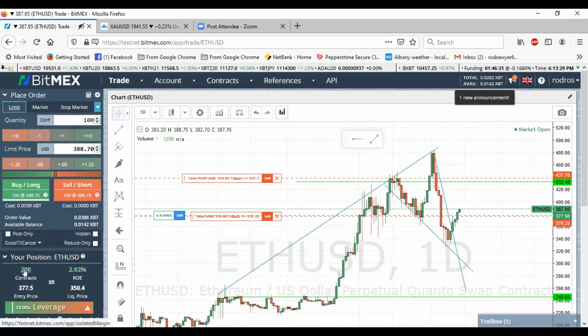So you bought 200 contracts. Well, originally I bought 100. Yeah, and then I bought another, but it doesn't seem to show up on the screen. No, it won't. See, this is the one trade. You have one trade now at 200.